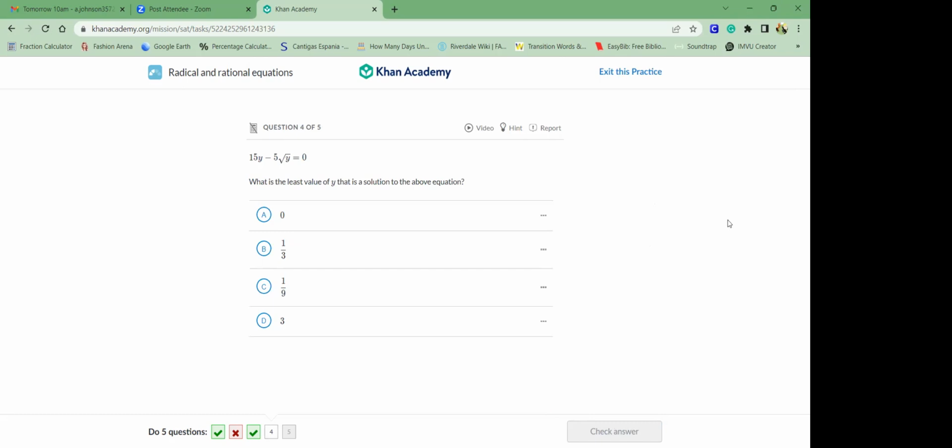All right, what is the least value of y that is a solution to the above equation? Okay, so for this, we are going to do what? How can we do this one?